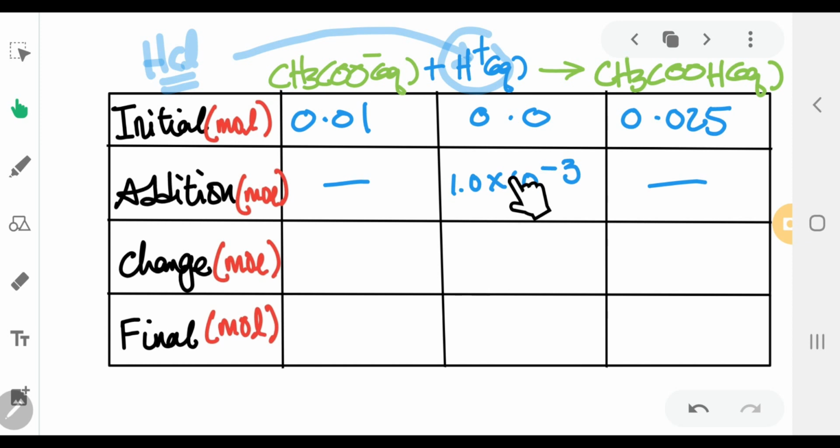So when you add this, you're going to minus that in change here, and you're going to minus that one in there. But you're going to add for this one, because this is the product side. When you have CH3COO- combining with this, you will be producing your CH3COOH. We're going to be using the non-reversible arrow for simplicity, in this case, for IACF.